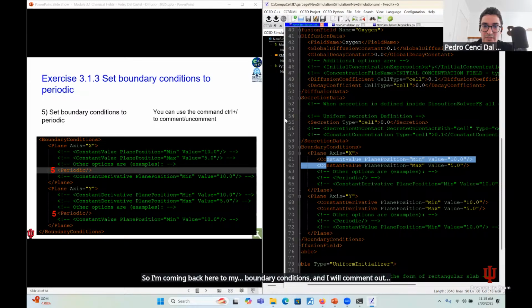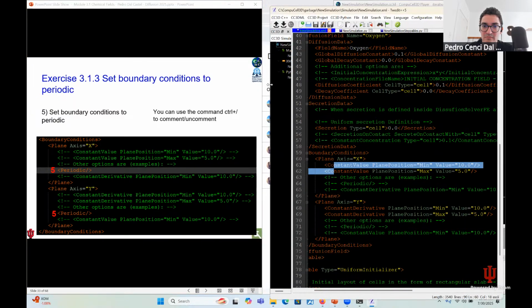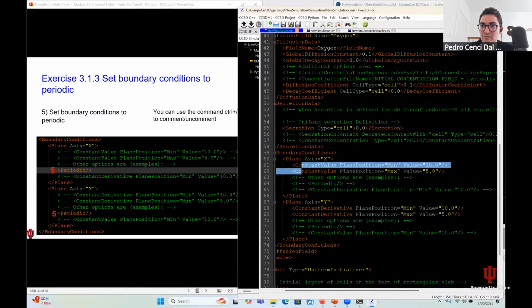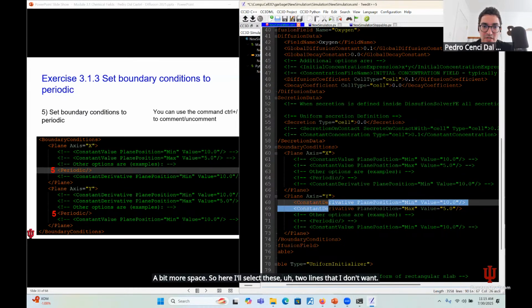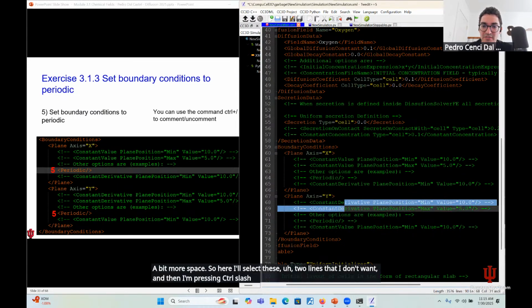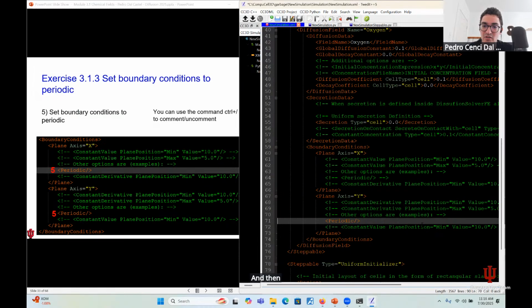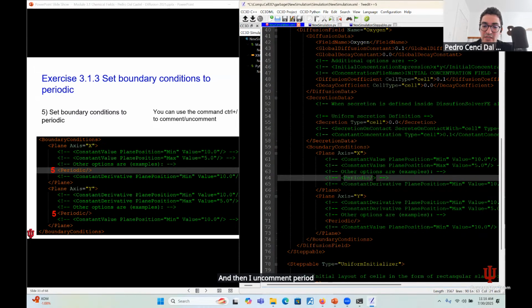This will probably need a bit more space. So here I will select these two lines that I don't want, and then I'm pressing Ctrl/ to comment. And then I uncomment periodic by clicking the line and pressing Ctrl/.